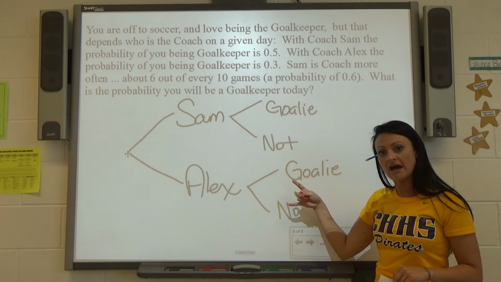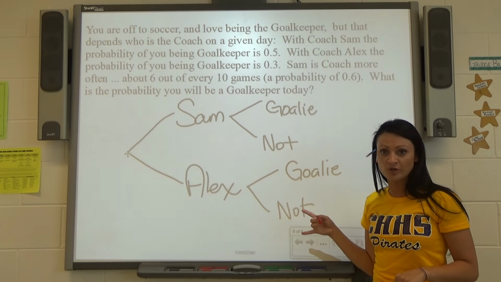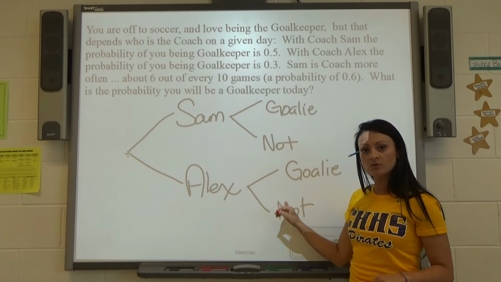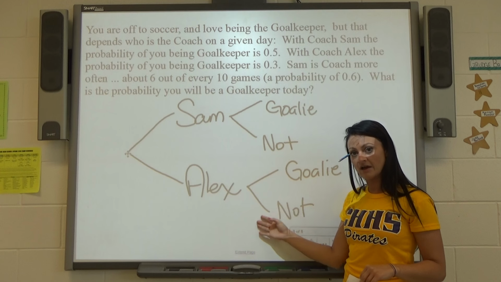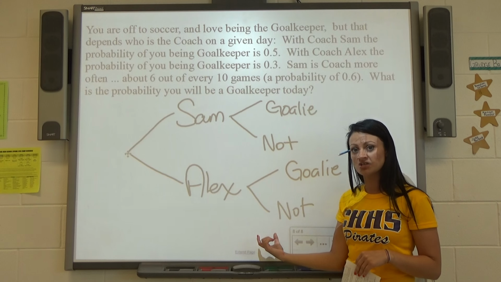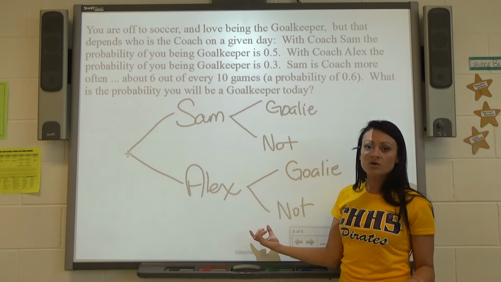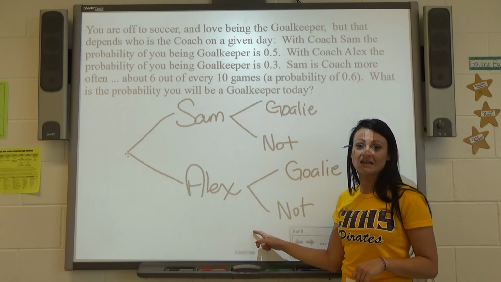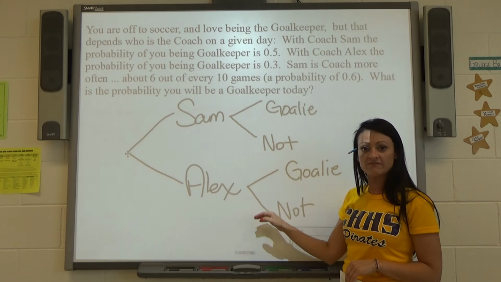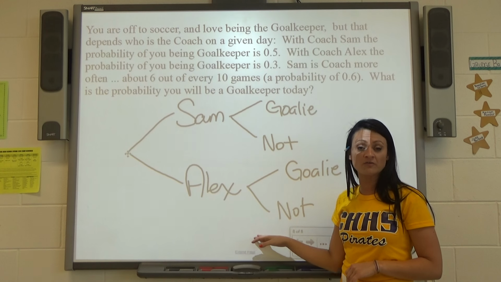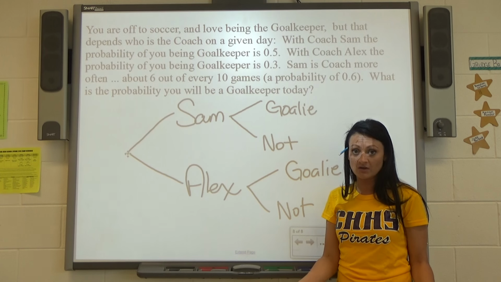Anytime I branch out, whether it be 2 branches, 3 branches, 5 branches, the total probability or the total possible outcome percentage can never be more than 100% or a decimal probability that adds up to 1. So this couldn't be 0.5 and 0.9 because that would put me over 1. And we know there's only a 100% chance of anything happening or not happening.